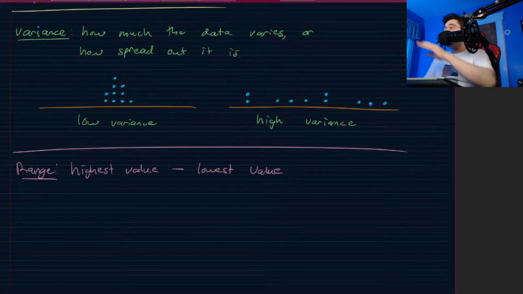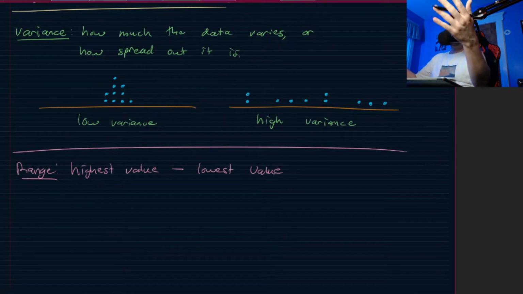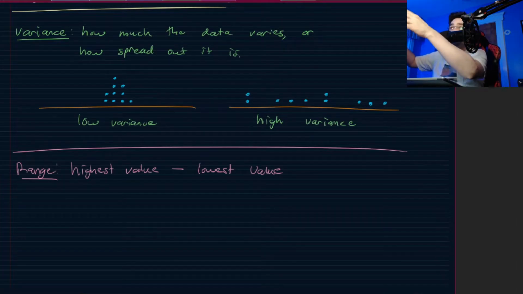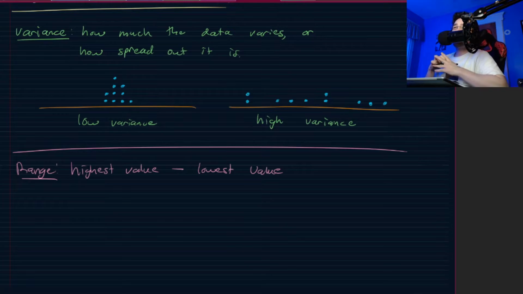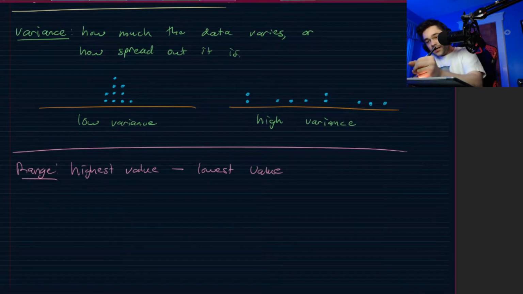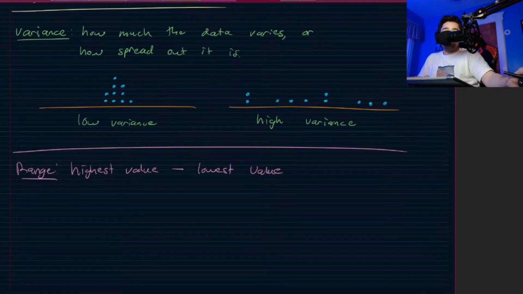So it tells you how big the range is that you'll find the data in. It kind of tells you the width of the data almost. That's kind of how I like to think of it. That one's pretty easy to find. I probably don't even need to do an example there.